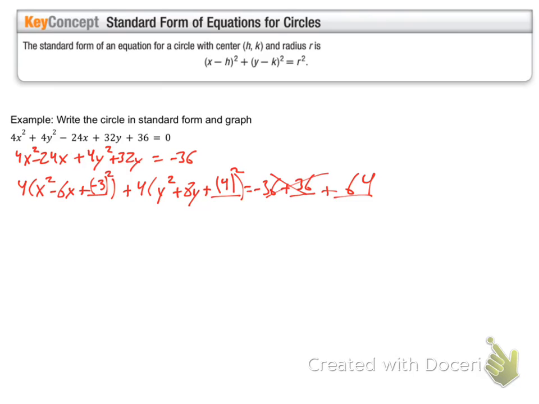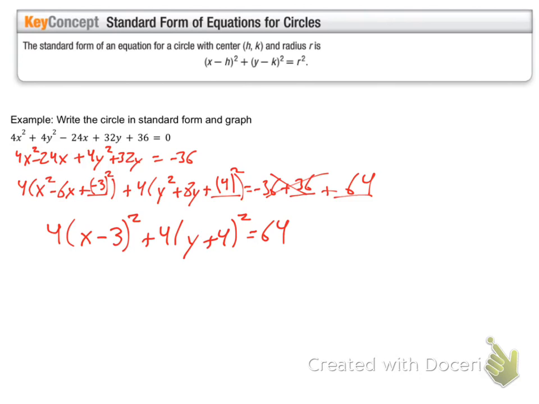Which leaves me with 4 times x minus 3 squared plus 4 times y plus 4 squared equals 64. Now, we have options. If I was creating an ellipse, I would divide both sides by 64 and reduce the fractions.